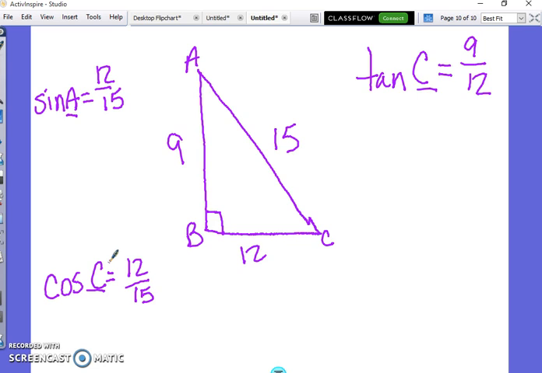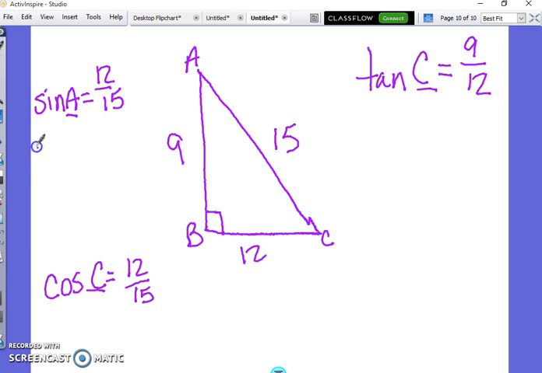These are operations that are happening to the angle. That's the ratio that's being set up. The angle is not 12/15. That's not the measure of the angle, that's the proportion we're putting it in.